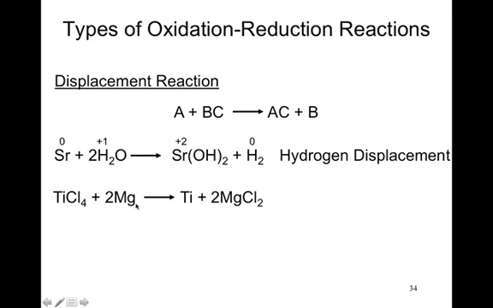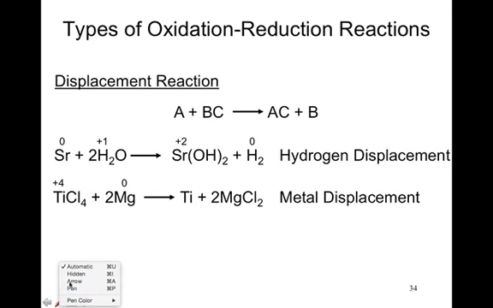Titanium chloride plus magnesium gives us titanium on its own plus magnesium chloride. And so that is called a metal displacement because what's kicked out is a metal. Again, oxidation numbers, not too bad. Chlorine, like we've talked about before, is pretty much going to be a -1. Not always, but it's a pretty safe guess.